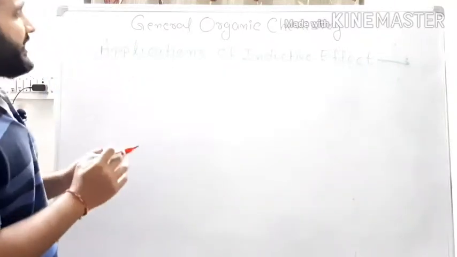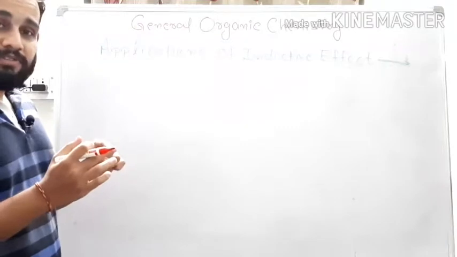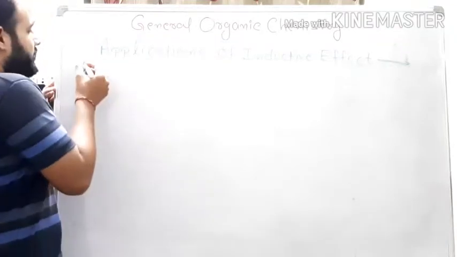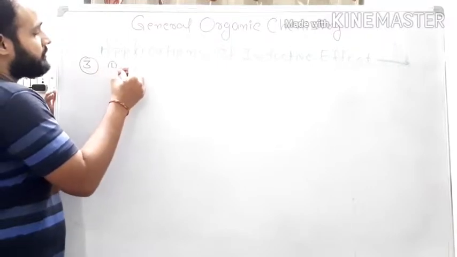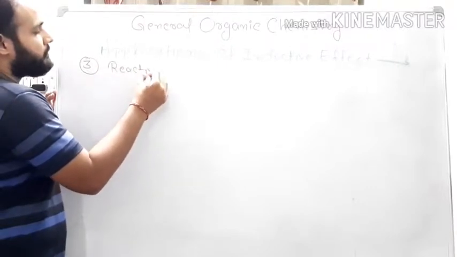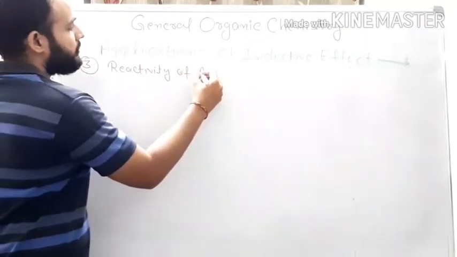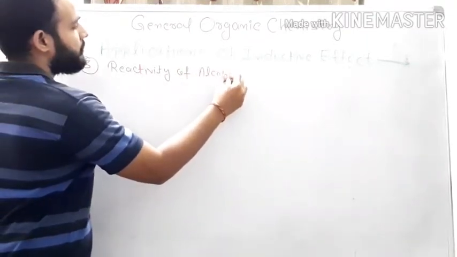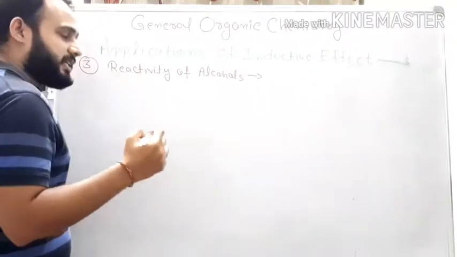Now the next application of inductive effect is to explain the reactivity of alcohols. So our next application is reactivity of alcohols. Now see how it can relate with inductive effect.